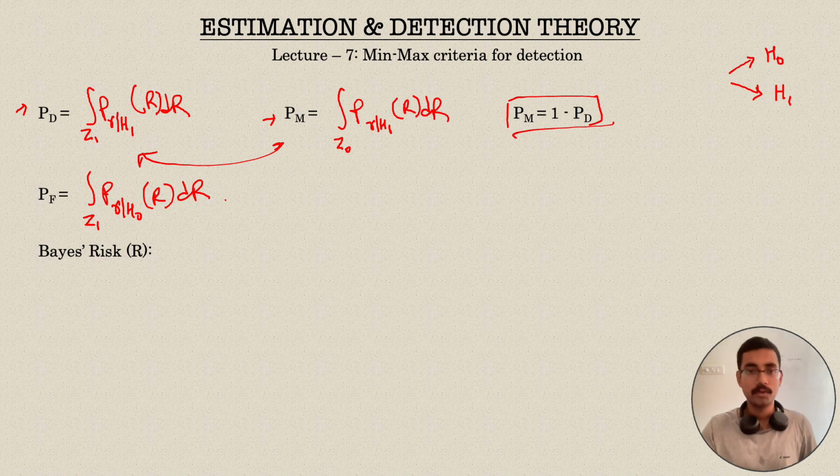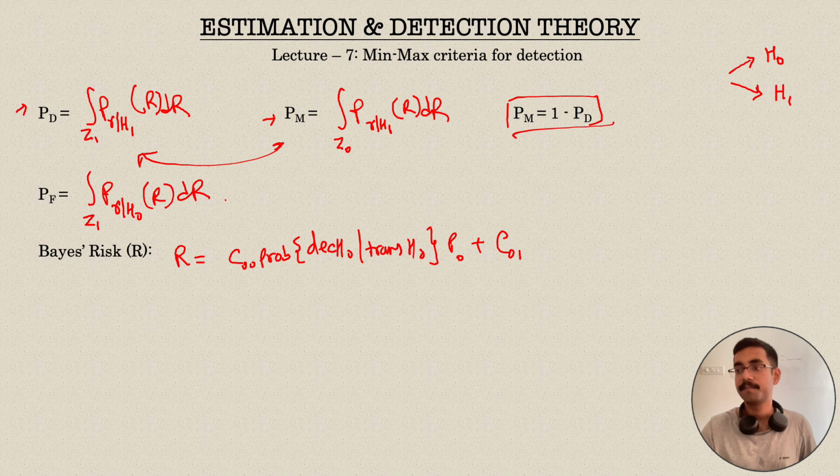Okay, as we know, Bayes risk is C00 probability of detected H0 given H0 is transmitted, P0, plus C01 probability of detected H0 given transmitted H1, P1.